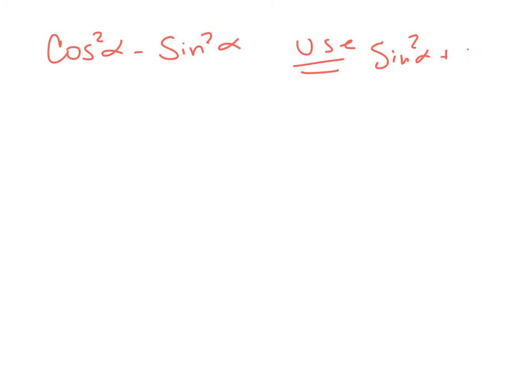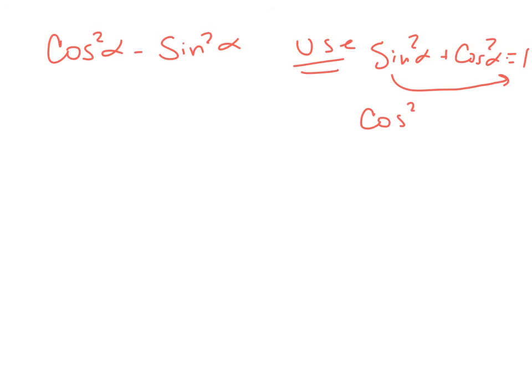And we're going to start again with our original double angle formula for cosine, and we're going to use this to manipulate. But now what I want to do is get rid of cosine. So in order to get rid of cosine, I'm going to take sine squared and move it over.